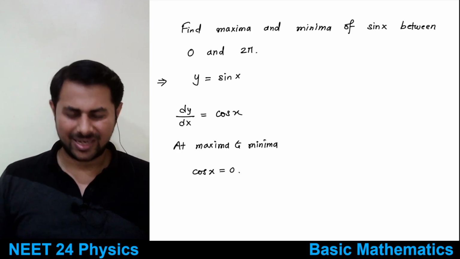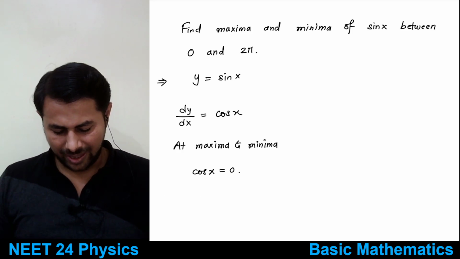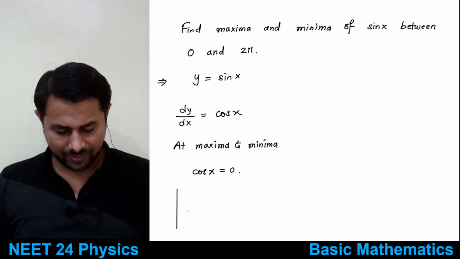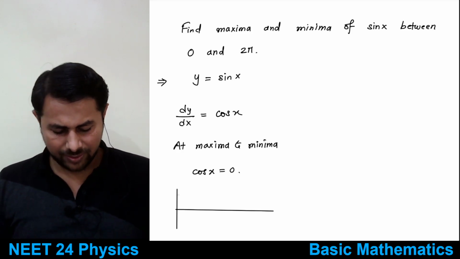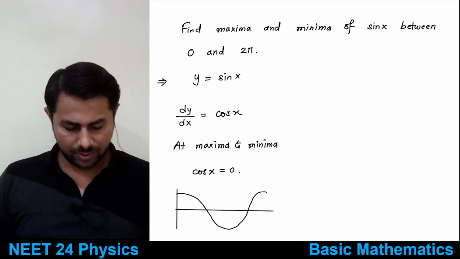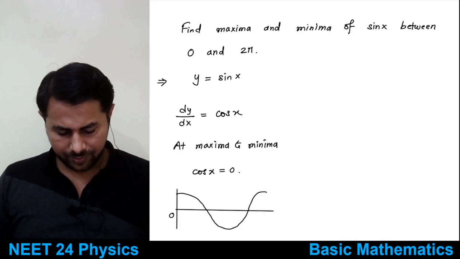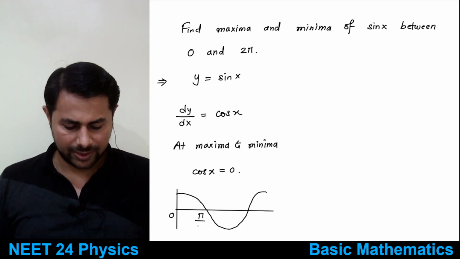If I plot the graph of cos x, it will start from the maximum value like this, it goes to 0. So this is 90, meaning pi by 2. At pi by 2 the cos x is equal to 0.